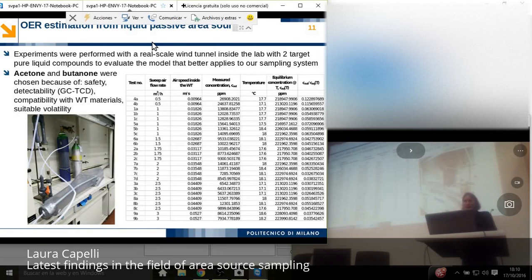Since one point is that Germany has its own guideline on sampling, you just can write something that excludes their wind tunnel from the possible wind tunnels to be used for sampling. The idea was not to have the German approach to say the wind tunnel must be built like that, long like that, and so on, but to say, okay, you are free to choose your sampling system.